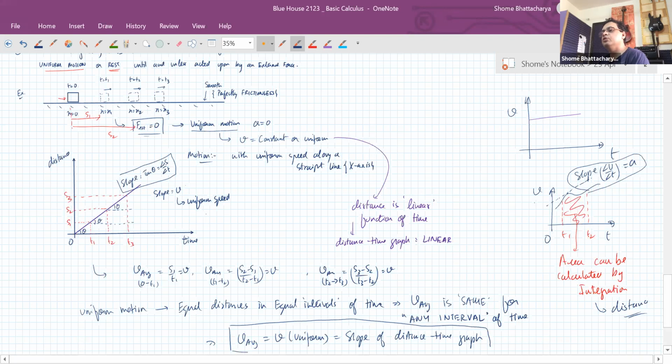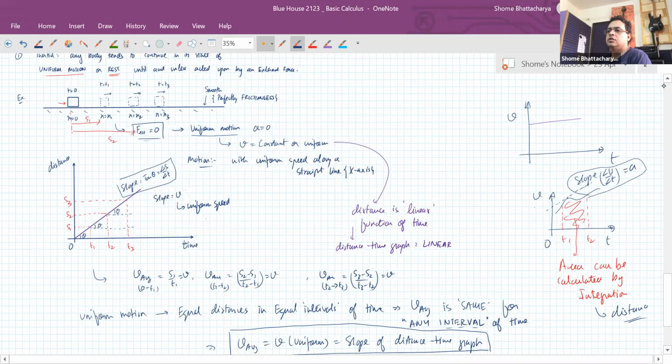And this statement would be true for any and every interval during the motion. Okay. So just make a quick jot down of this graph and this point if you like, and make sure you understand this thing.